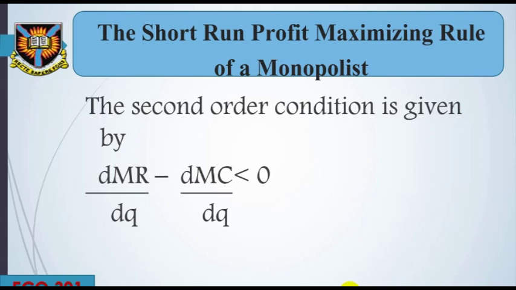MR is equal to the derivative of TR with respect to Q, which is equal to 100 minus 4Q. MC is equal to the derivative of TC with respect to Q, which is equal to 40. Setting MR equal to MC yields 100 minus 4Q is equal to 40. 100 minus 40 is equal to 4Q. 60 is equal to 4Q. Q is equal to 15.